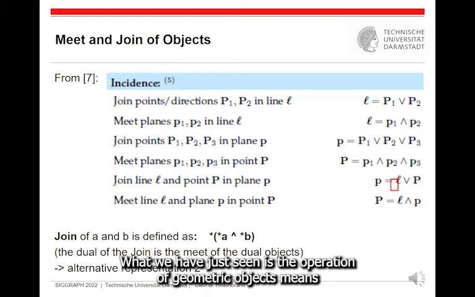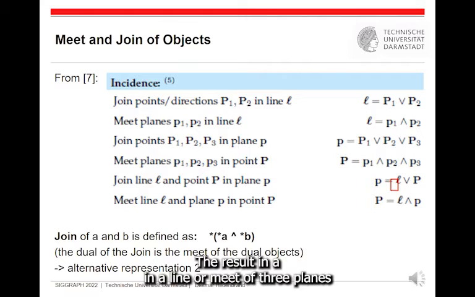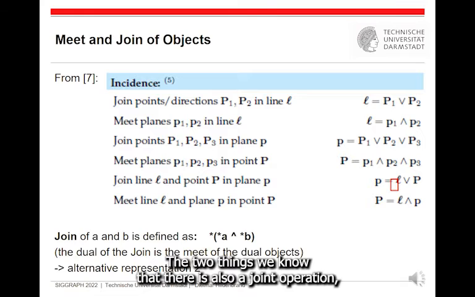What we have just seen is a meet operation of geometric objects, meaning the outer product, the meet of two planes results in a line, or the meet of three planes results in a point, and so on. And from the cheat sheet we know that there is also a join operation.